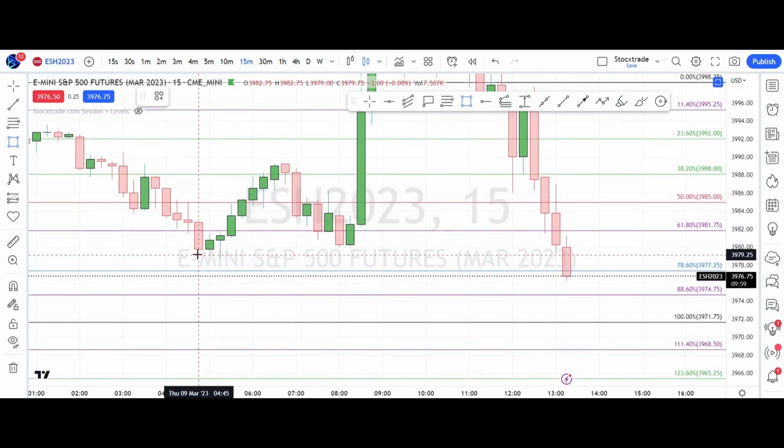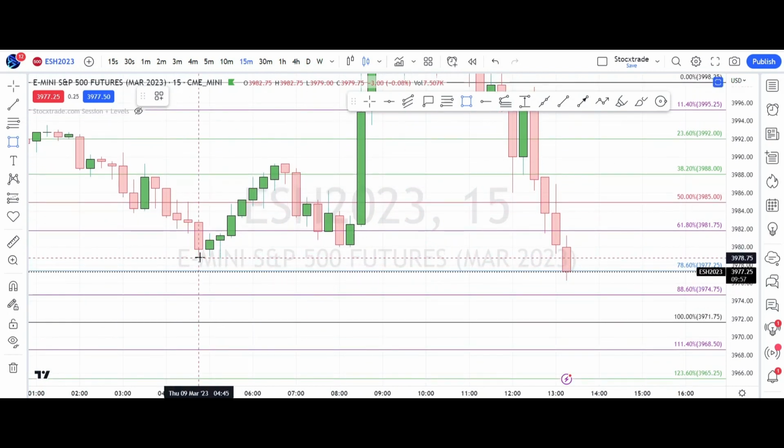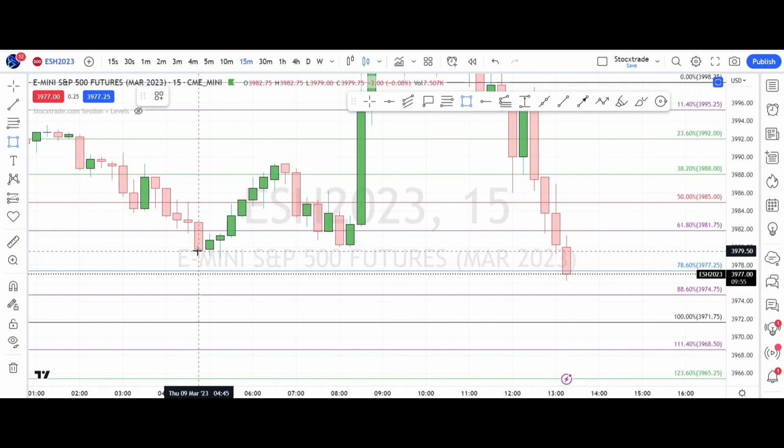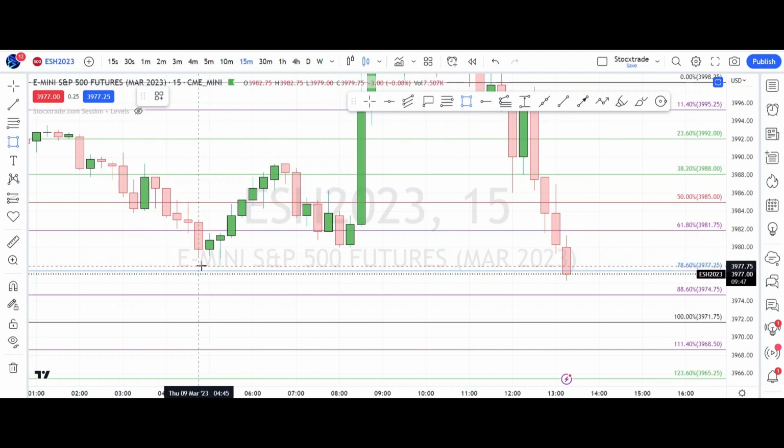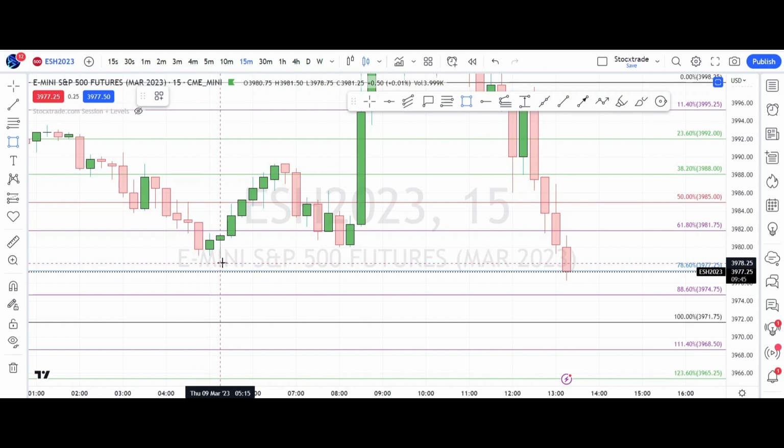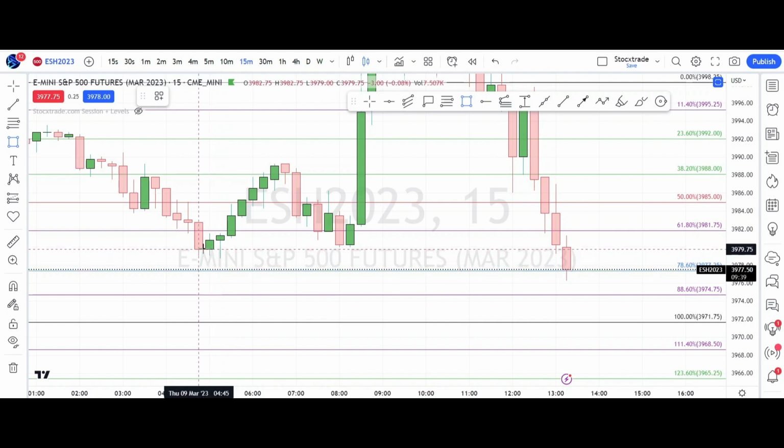If you see the bottom of this red candle, you will find 3979. But the bottom of this green candle is 3978.75, so one tick less than this red candle.